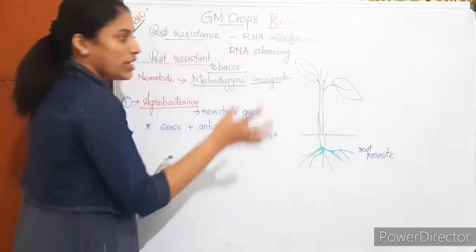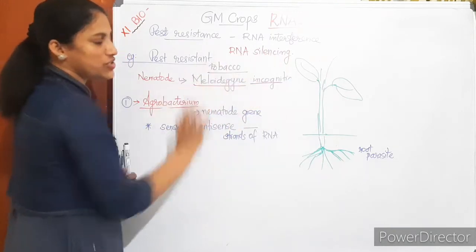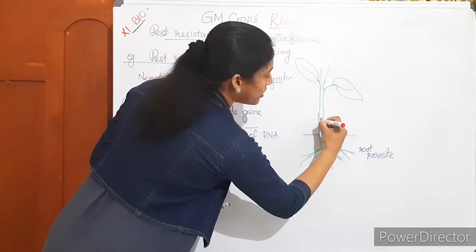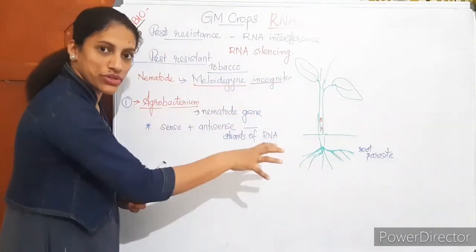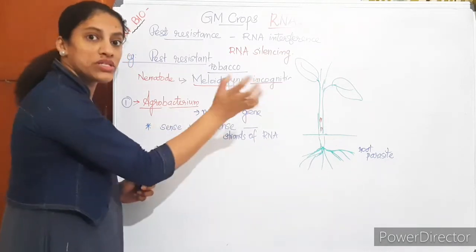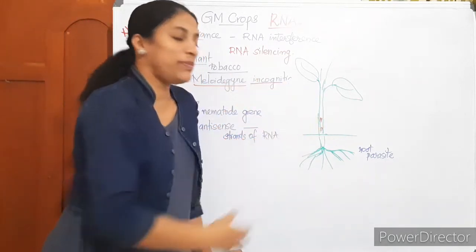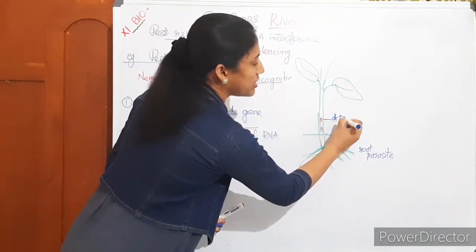We have treated this plant, this is a transgenic tobacco now, and so in this plant there is double-stranded RNA. Through agrobacterium we have introduced the nematode gene, and now it possesses double-stranded RNA inside.